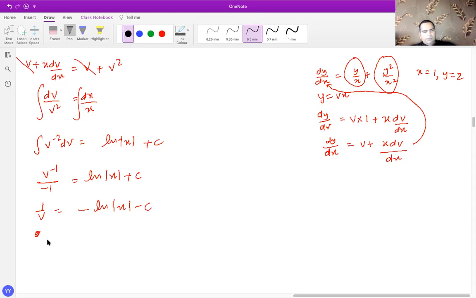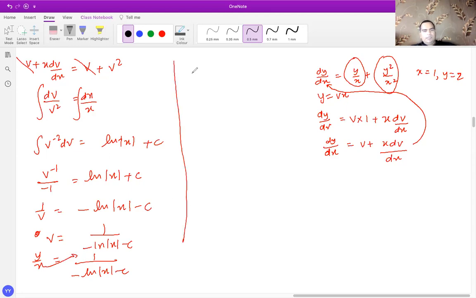If I reciprocate this, v will be 1 over negative ln absolute value of x minus c, and v is nothing but y over x. If you multiply by x here, the final integral is y equals x over negative ln absolute value of x minus c.